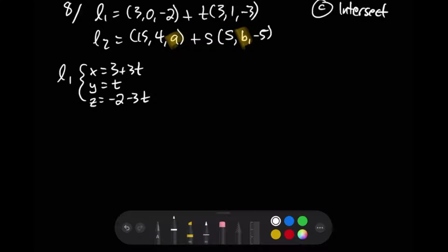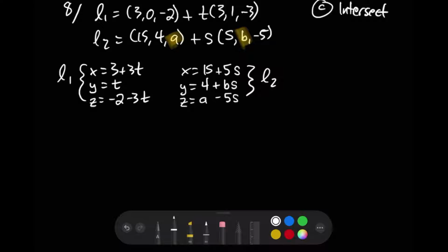And then for line L2, x equals 15 plus 5s, y equals 4 plus b times my parameter s, and z equals a minus 5s.